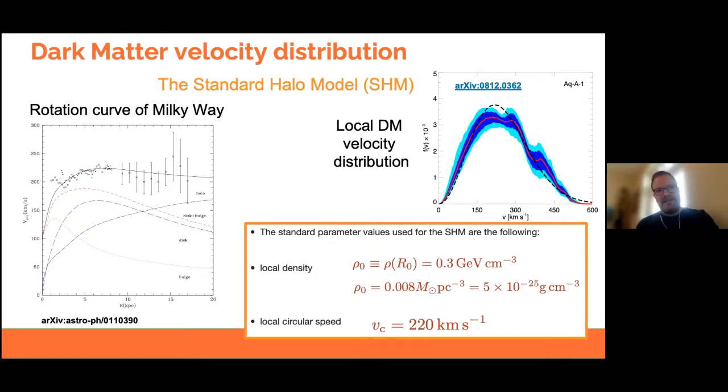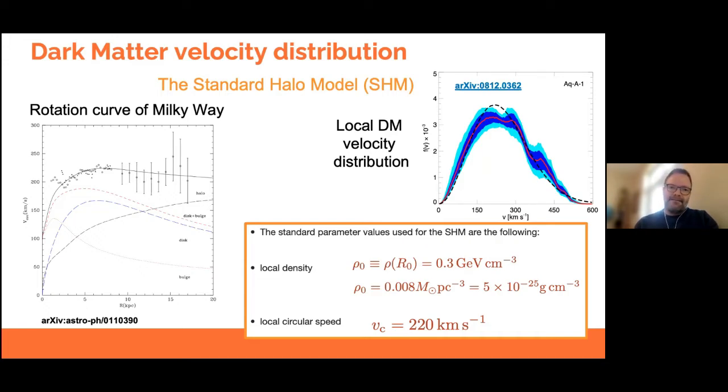The standard halo model gives you this value of around 220 kilometers per second. I should say there are new measurements from Gaia that slightly disagree, which may point at slightly lower values, and there's other data that may point at slightly higher values.